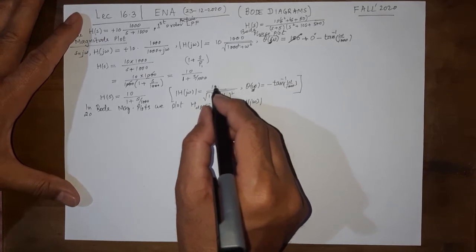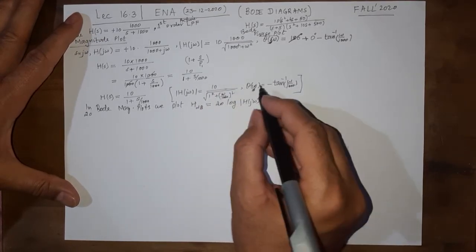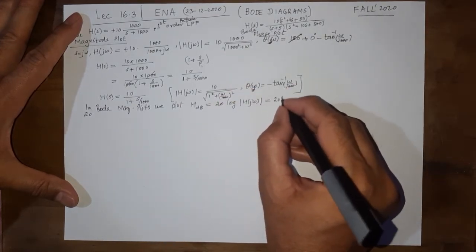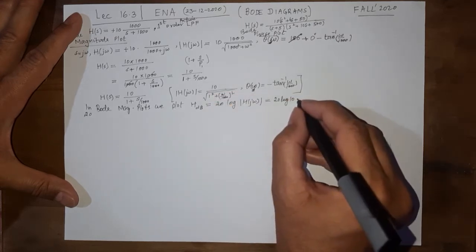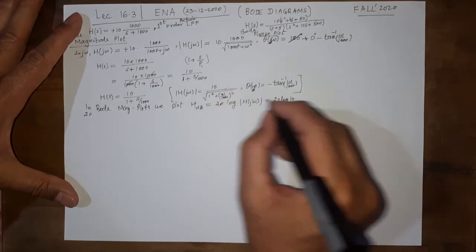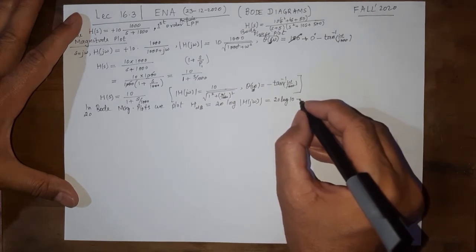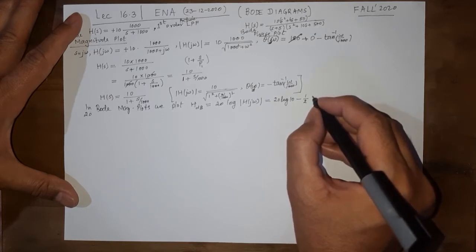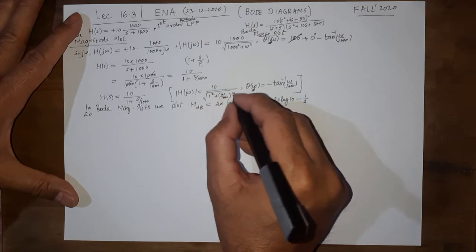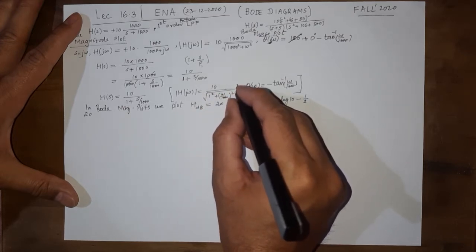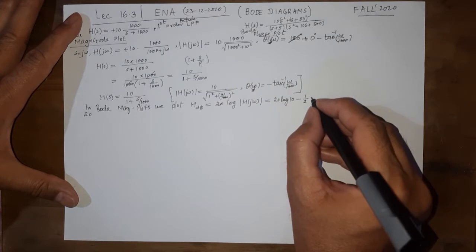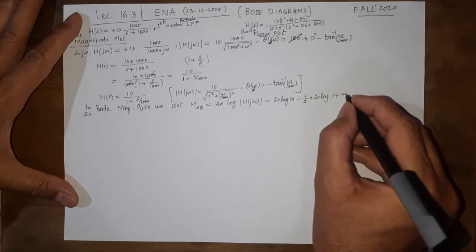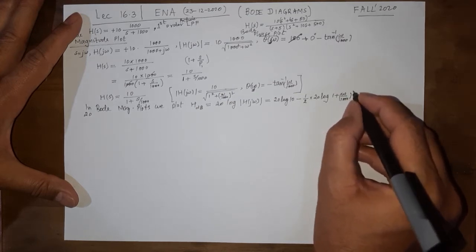So when we take 20 log of this thing, we are going to get 20 log of 10, since it is in the numerator, and then this denominator term would come to be minus 1/2, because the log of this thing to the power 1/2, when it goes up, becomes minus 1/2, minus 1/2 of 20 log of (1 plus (ω/1000) squared).